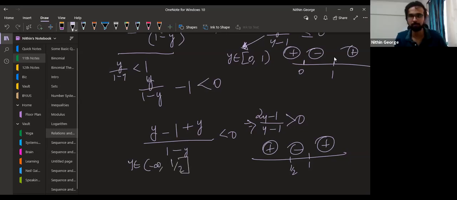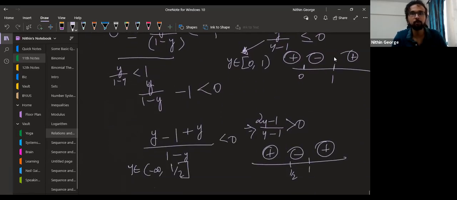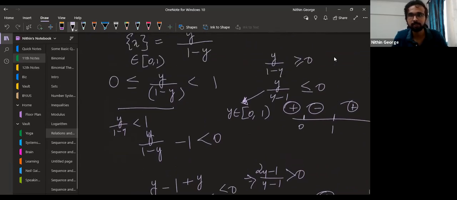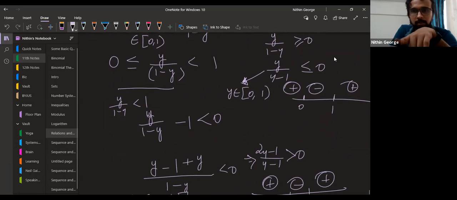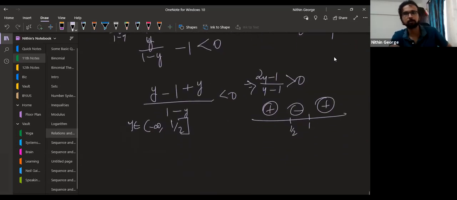Half is not included, because it's greater than 0, not greater than or equal to 0. So minus infinity to half, not included. Then along with that, 1 to infinity is also there.